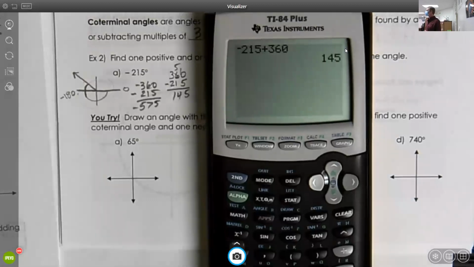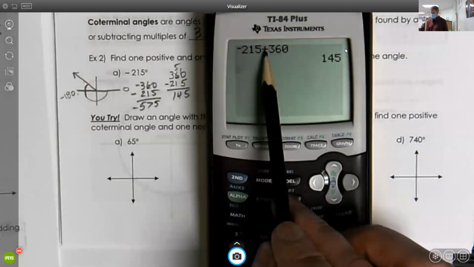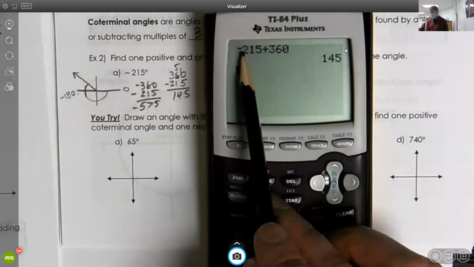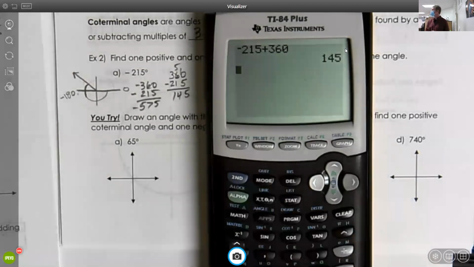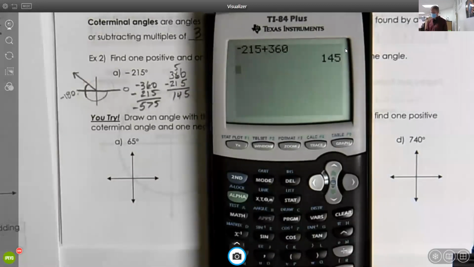And that's where the 145 comes from. So you want to show something in your work. So that's why I did 360 and I added, that was a positive 360. And I guess I subtracted the 215. Because you want to put your smaller number underneath so you can carry your values correctly and all that.